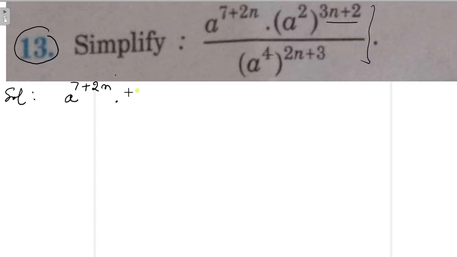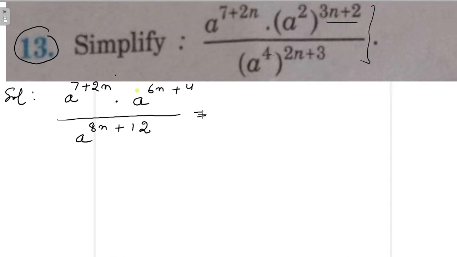The dot means multiply, so I am going to multiply it. a raised to power 3 times 6n plus 2 times 3, that is 6n plus 6. Now multiplying by this, a raised to power 4 times 8n plus 4 times 3, that is 8n plus 12.